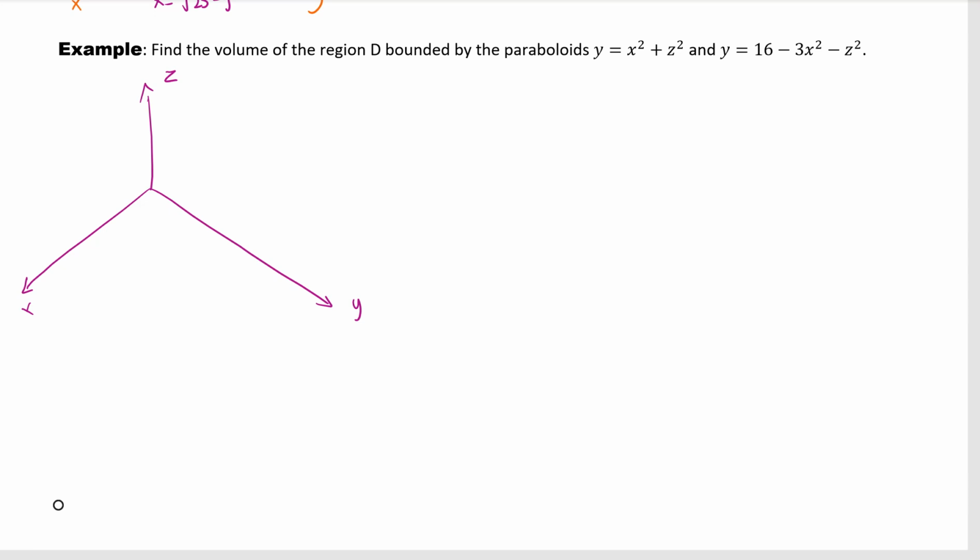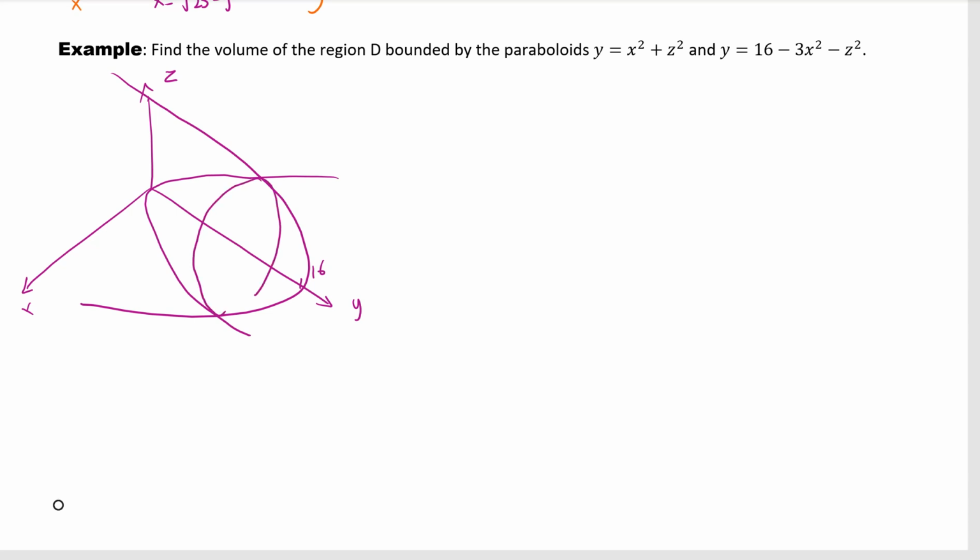So that looks like this. Right? And then y equals 16 minus 3x squared minus z squared. So it's like 16 here. And then we have a paraboloid going like that, right? They kind of intersect, and they should intersect at an ellipse, or circle.